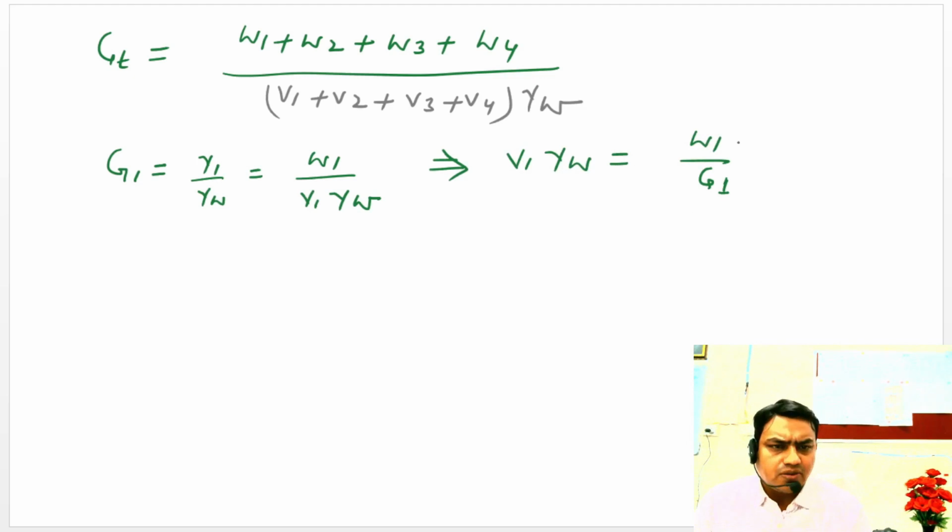Similarly, V2 gamma W can be written as W2 by G2. V3 gamma W can be written as W3 by G3, and V4 gamma W can be written as W4 by G4.